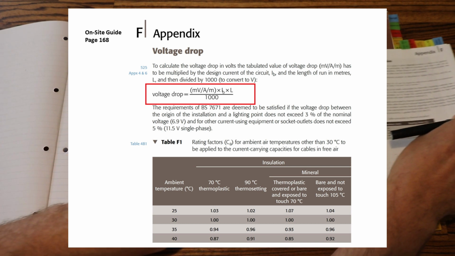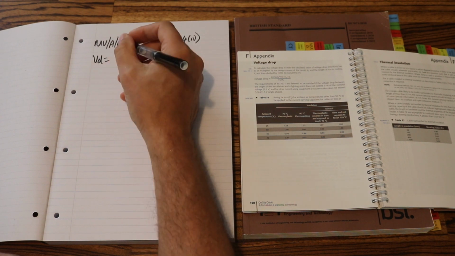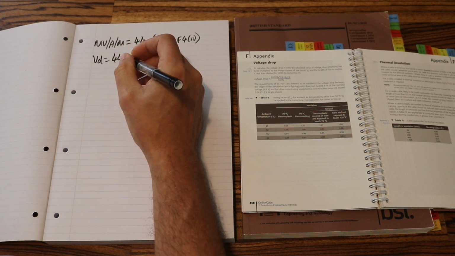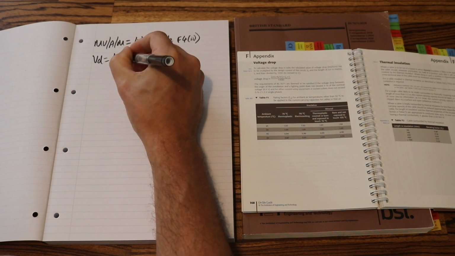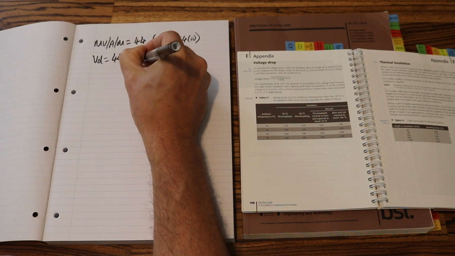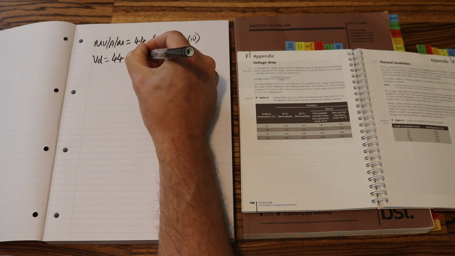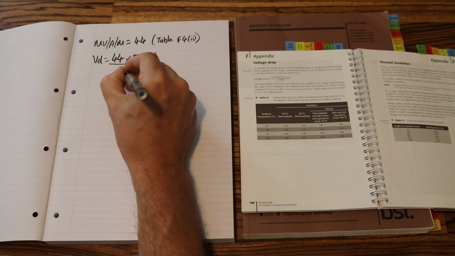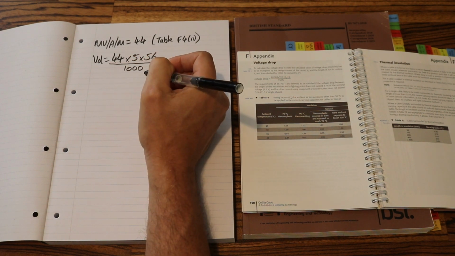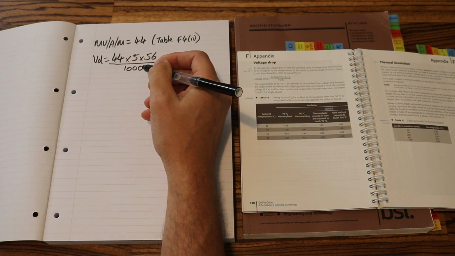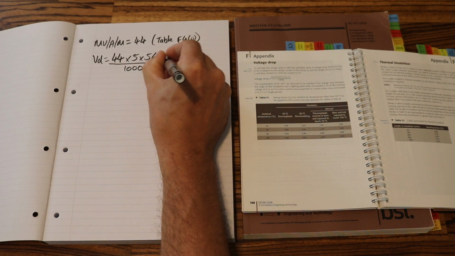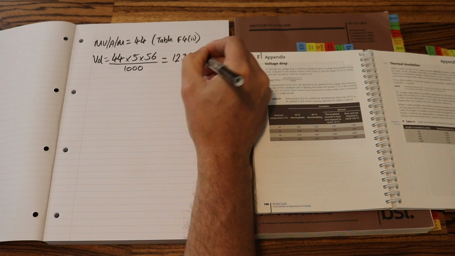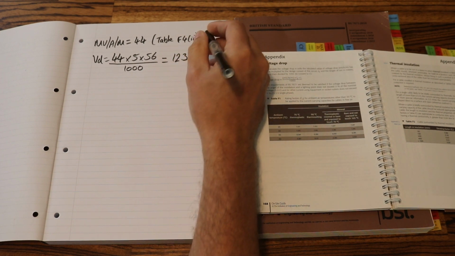So let's put those values in. 44 times IB, that was 5, times my length. What was that? 56, over 1000. Punch that into a calculator and we'll get 12.32 volts.